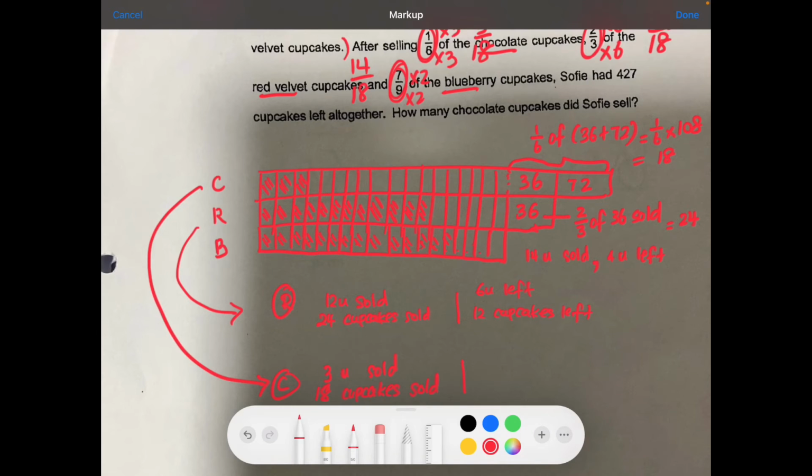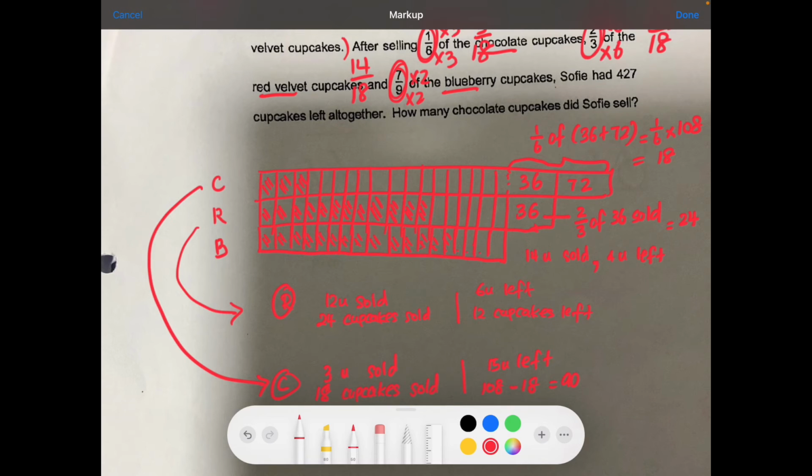You will also have 15 units left, and you would have 108 minus 18 cupcakes left. 108 minus 18, you would have 90 cupcakes left.